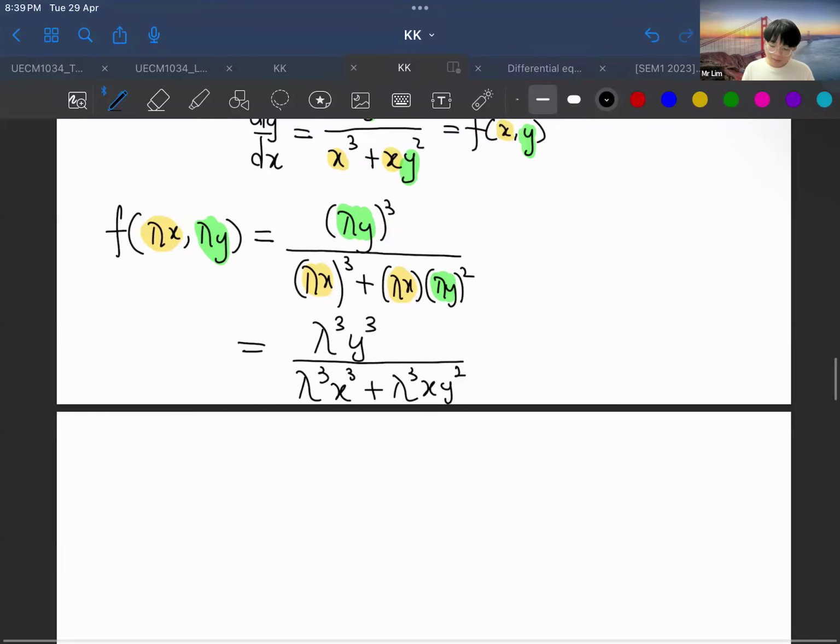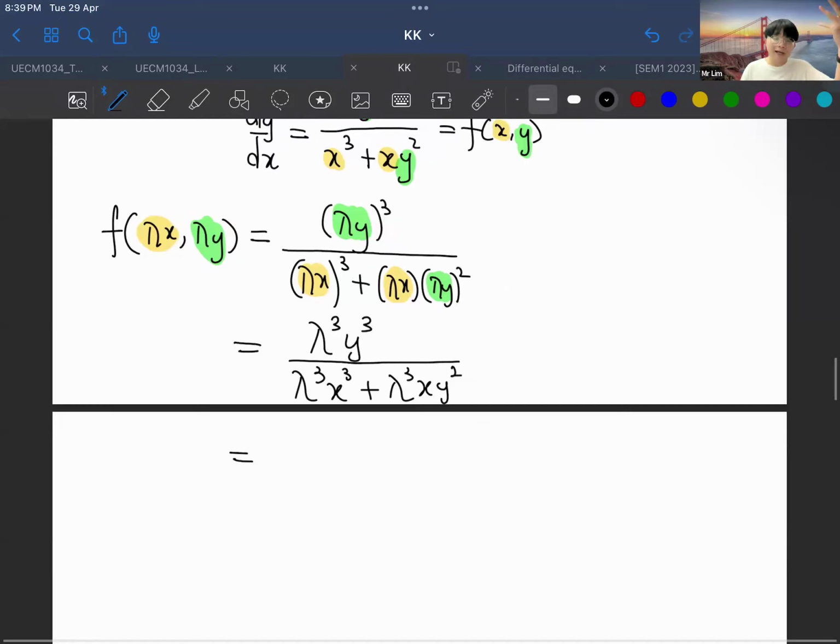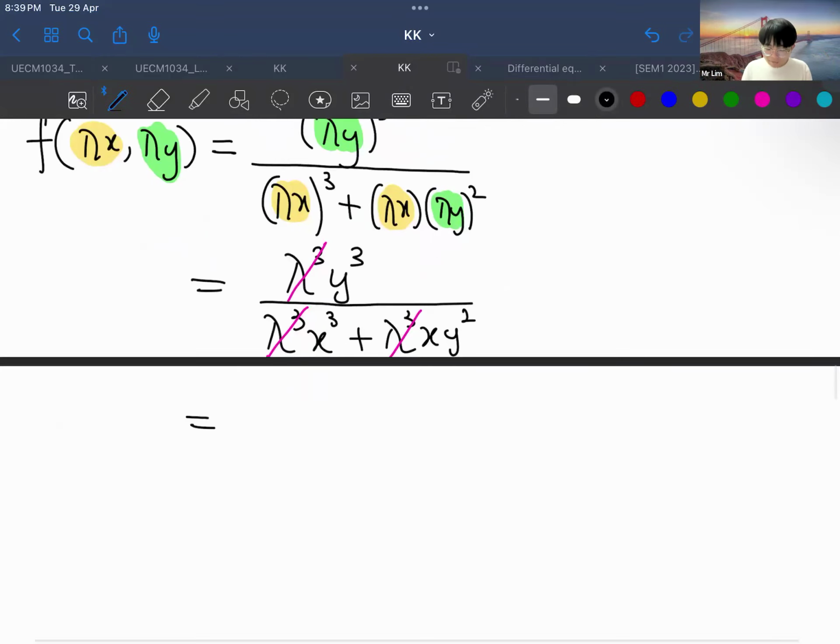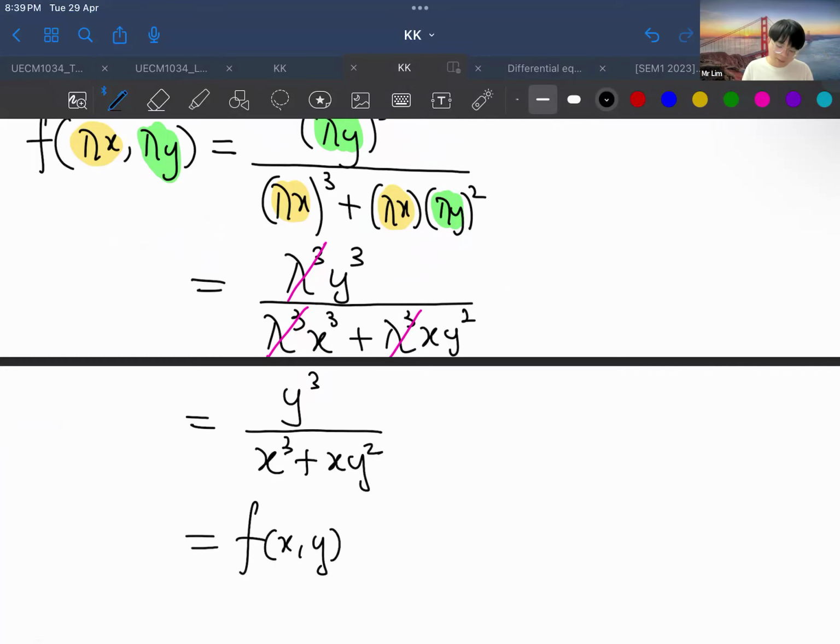Now the process is more or less the same: you just factorize the λ cubed out and then cancel. I can write in a shorter way, but you try to write more steps. So finally it becomes y cubed over x cubed plus xy squared, which is our original f(x,y). Am I right?